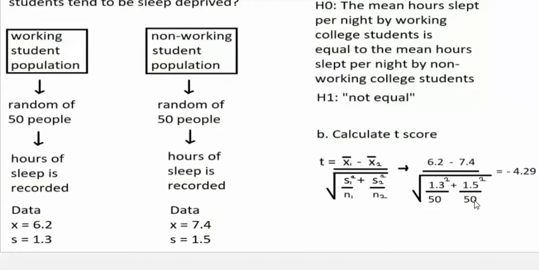I'm not able to show every step right here, but I might upload a separate file showing the steps one at a time. So first of all, we start at the bottom in the denominator, and we square our standard deviations. So we do 1.3 squared, and then 1.5 squared.